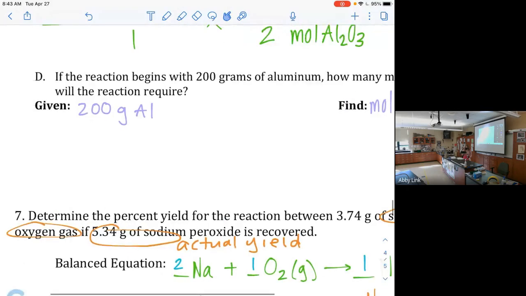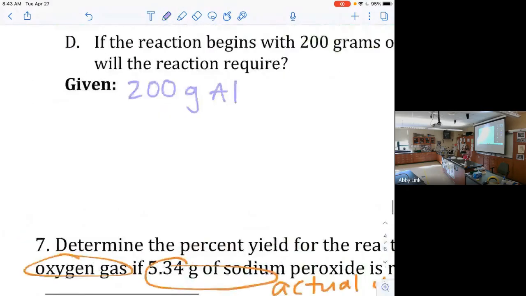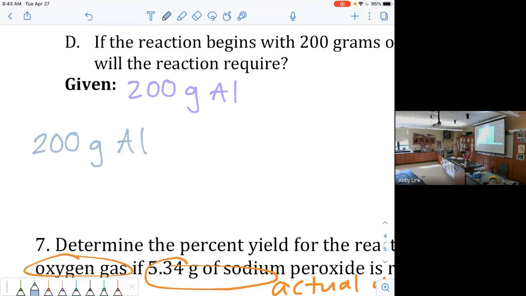All right, so let's see how this all pans out. We're going to depend heavily on figuring out how to set things up based off of our units, right? So we're going to start with the 200 grams of aluminum over 1. I'm going to go ahead and put grams of aluminum in the denominator here. So what do I need here?